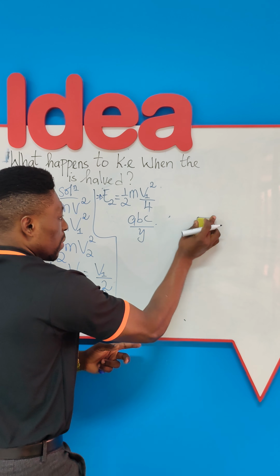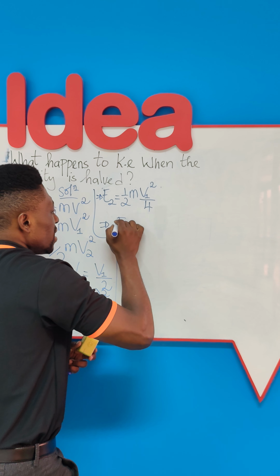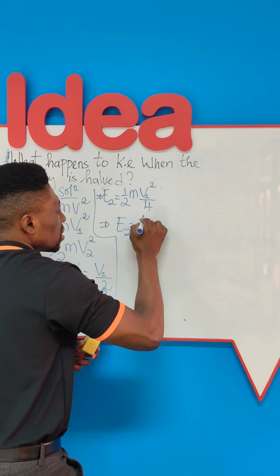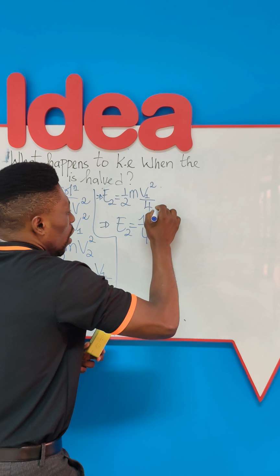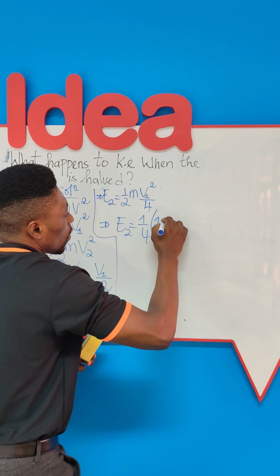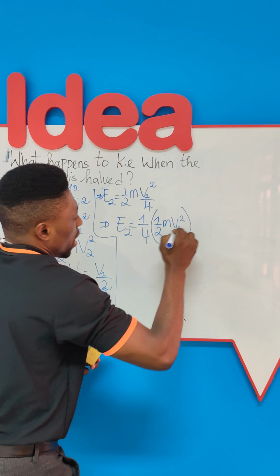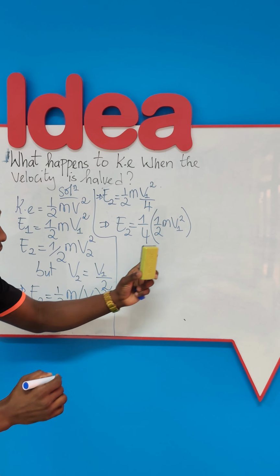And that's what I'm about to do right now. So this means E2 will be equal to this 4 here, now like a factor of one-fourth, times half of m v1 all squared.